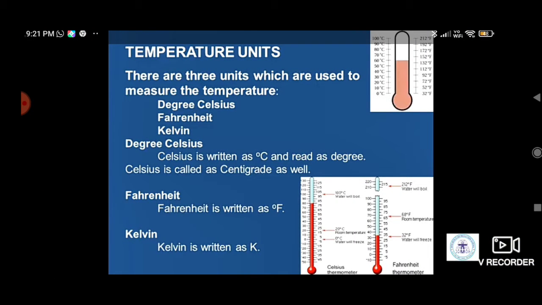So what are the units of temperature? There are 3 units which are used to measure temperature. What are the 3 units? One is degree Celsius, the other is Fahrenheit, then Kelvin.